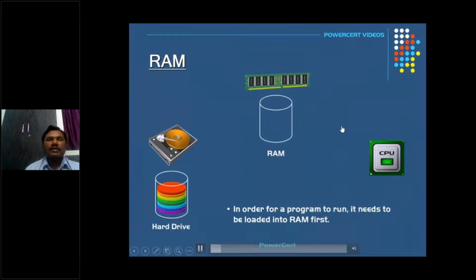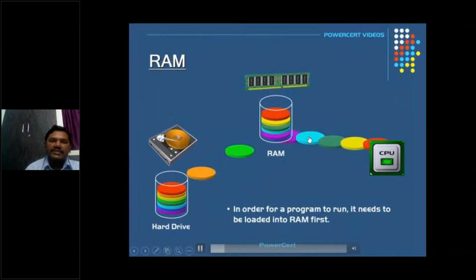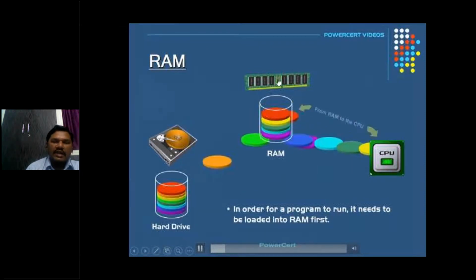First, data is stored in the hard disk or ROM memory, that is copied into RAM, and from RAM to the CPU. Whenever the CPU requires it, the CPU will take the data from RAM. This RAM is also used for recently opened websites and recently opened files, which are all stored in this RAM memory.